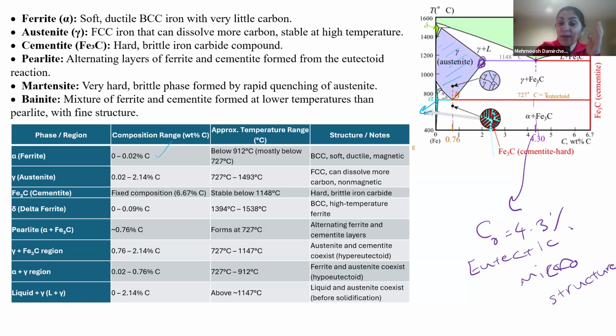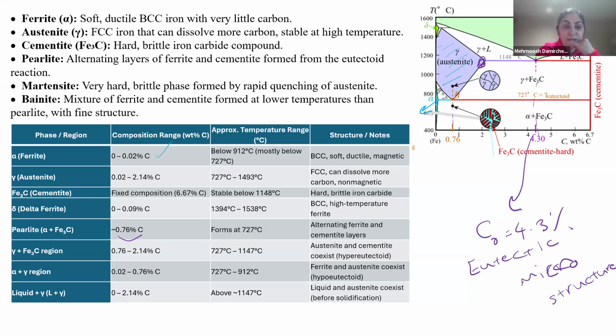So what is perlite? Perlite is exactly fixed at the composition weight percent of 0.76, okay? And below 727, from 727 up to here, we have the ferrite and cementite layer by layer. Okay.